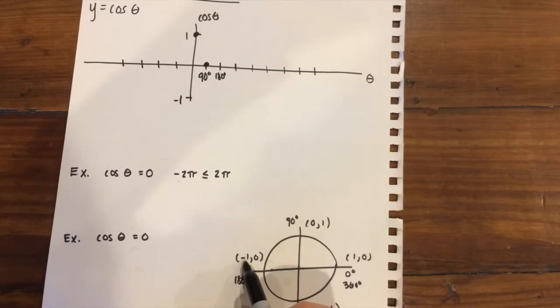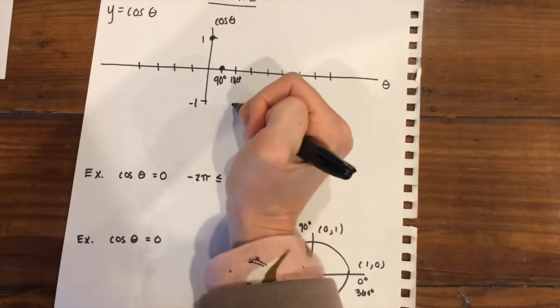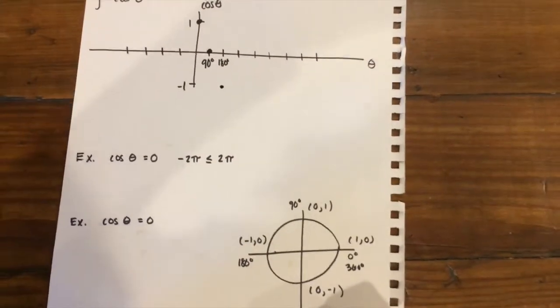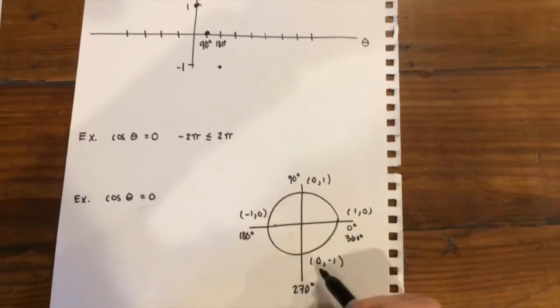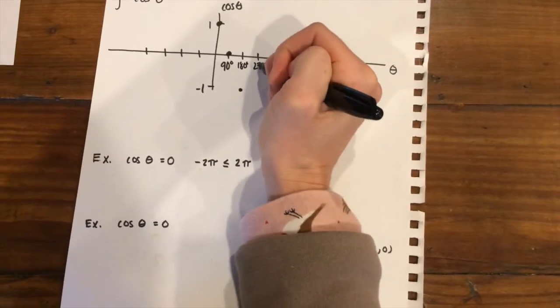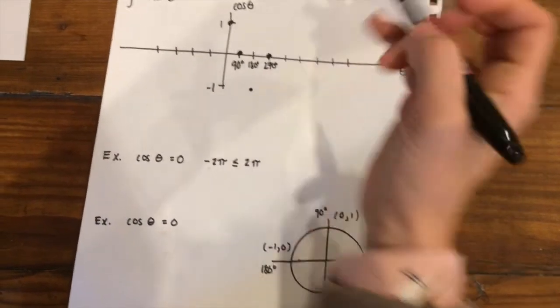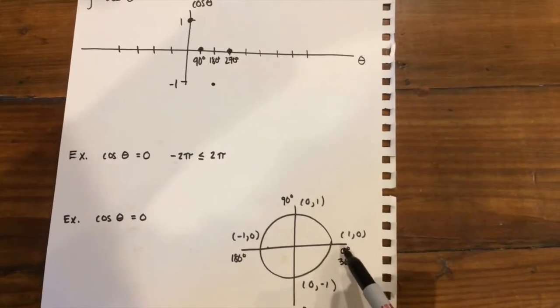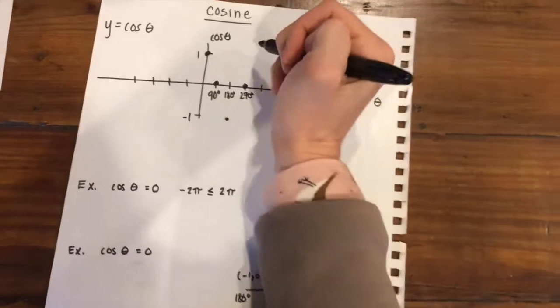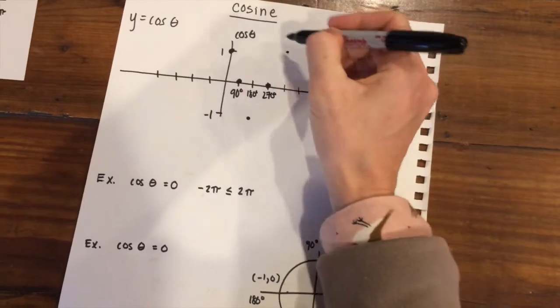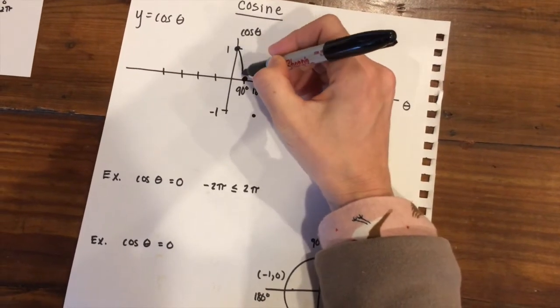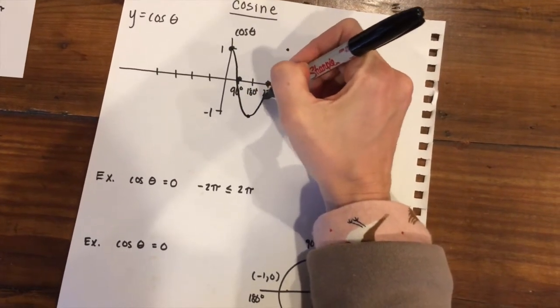Cosine of 180 is negative 1, so I plot it at negative 1. Cosine of 270 is 0. Cosine of 360 when I complete the full circle is 1. And so we connect with a smooth curve.